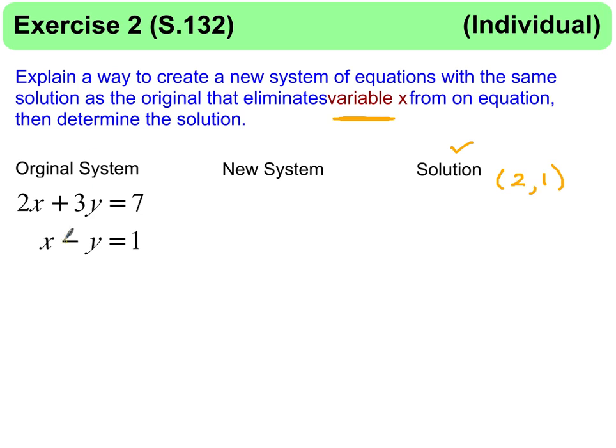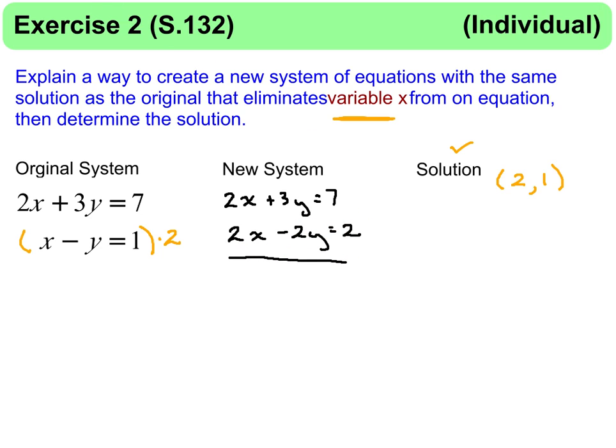So if I want to eliminate the x's, this time I'm going to choose to multiply this by, let's say, 2. And so when I leave the first equation alone, I have my 2x plus my 3y equals my 7. But at the bottom, 2 times x is 2x minus a 2y equals a 2.